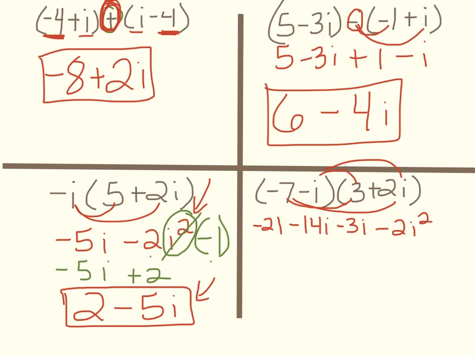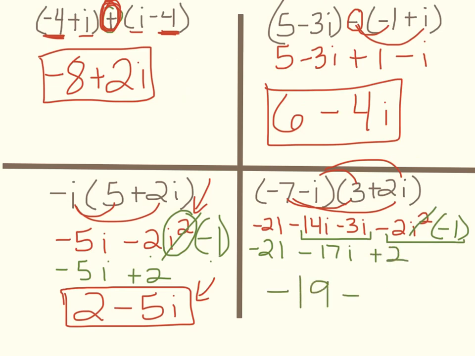And so, remember, take your i squared, cross it out, and write negative 1. So now I have negative 21. I'll go ahead and combine these, minus 17i. And then negative 2 times negative 1 is plus 2. So my real part is negative 19, and my imaginary part is minus 17i.